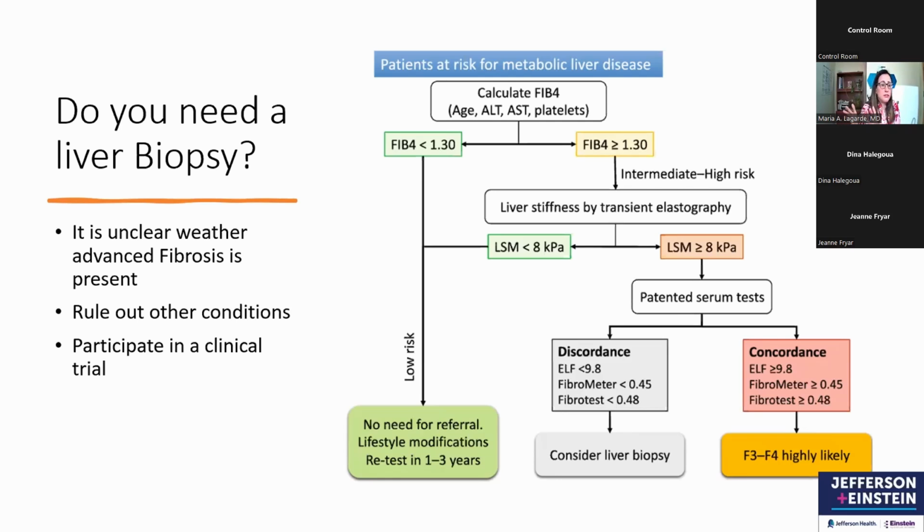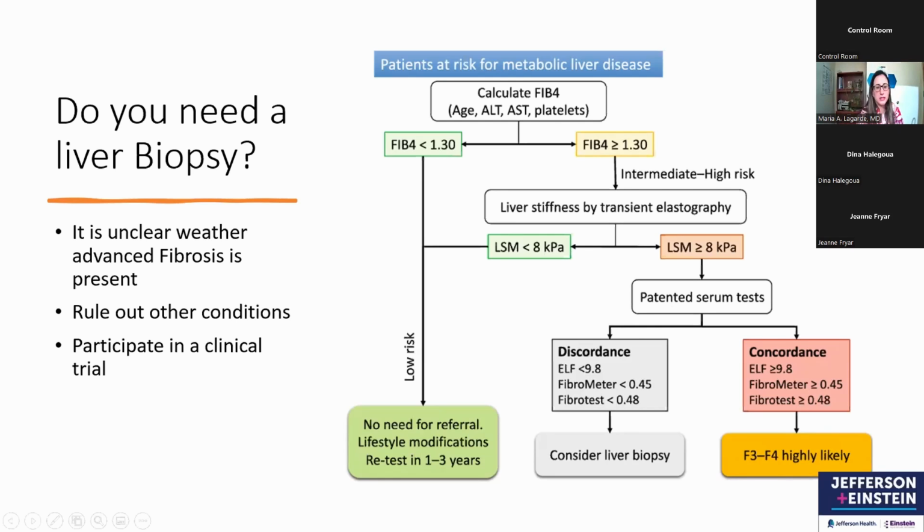Again, if the secondary test is still concerning, or there's a discrepancy between the elastography and the test, and we don't really know which one is playing the biggest role, then those are the patients that we really consider for biopsy. And again, we do a third layer of testing before we do the biopsy because it's not a completely benign test.